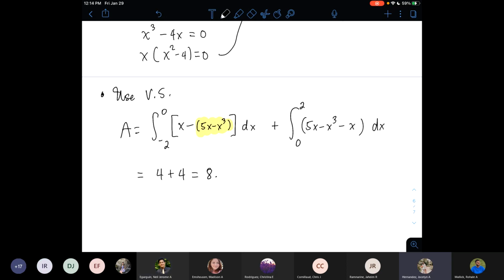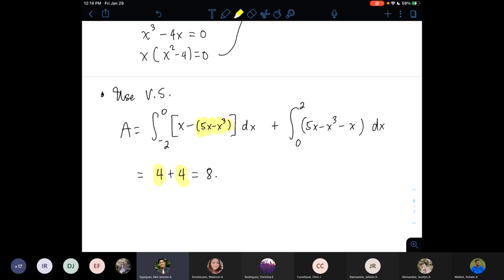Why can't we use symmetry for this one? Good question. Well, it appears that we can indeed use symmetry because I know the final answers gave me area 1 is 4, area 2 is equal to 4.